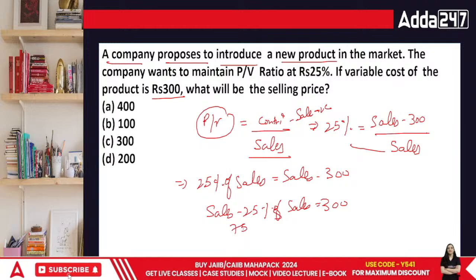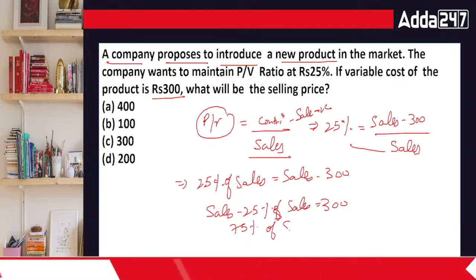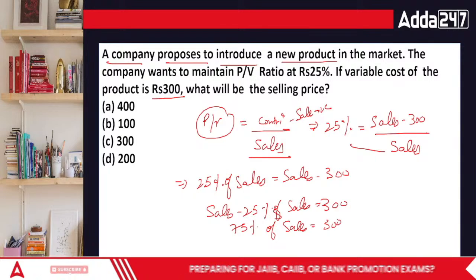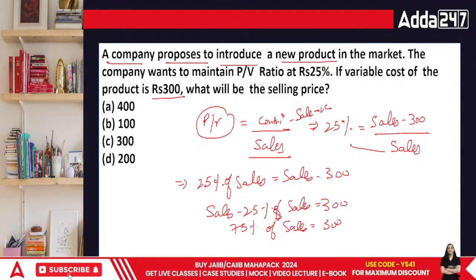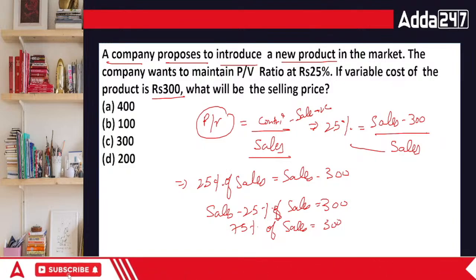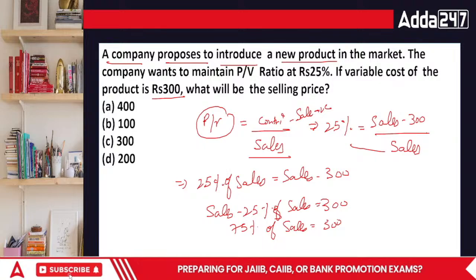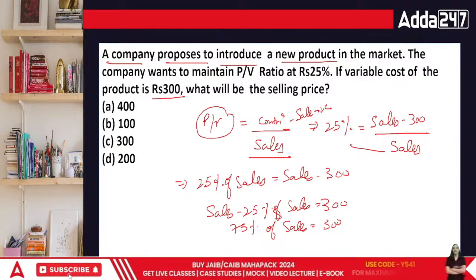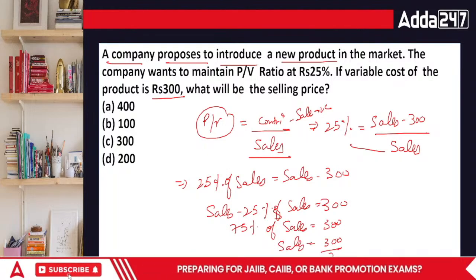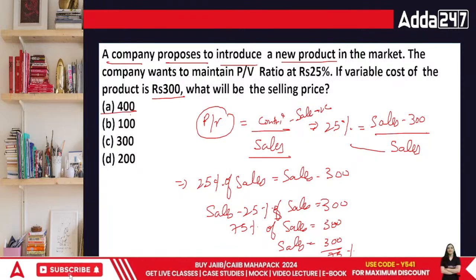This gives us 75% of sales is equal to 300. So sales is equal to 300 divided by 75%. It is 400 now.